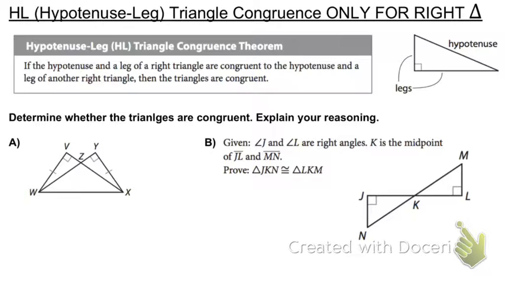Okay, let's look at example A. Once again, we have quite a few triangles here. Raise your hand to show how many triangles you see in letter A. Again here, I see 5.